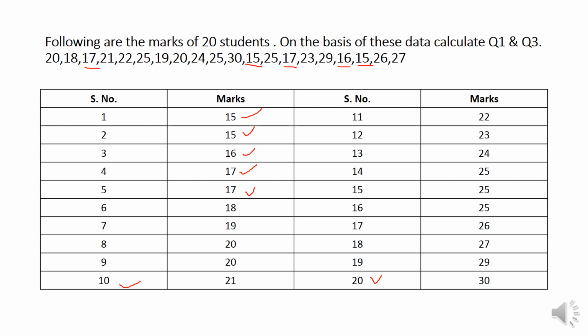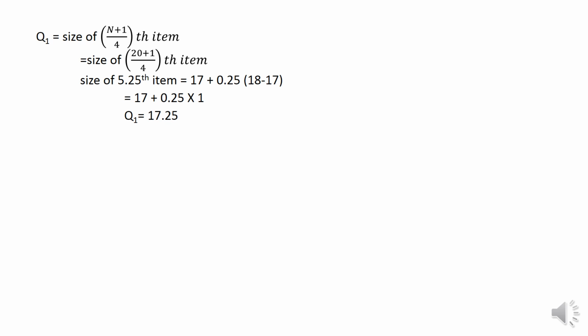We can also arrange them in descending order. After arranging them in order, we put them in the formula. First we calculate Q1. Q1 is equal to the size of the (n plus 1) divided by 4th item. The number of items is 20, so 20 plus 1 divided by 4.